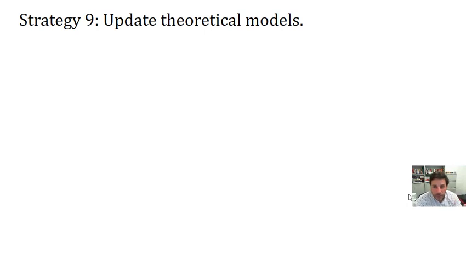Strategy 9 is to update the theoretical model. Once we collect data and analyze it using a statistical model, this information is fed into the probabilistic causal model. Maybe we had established that the relationship between one variable and another was very strong.